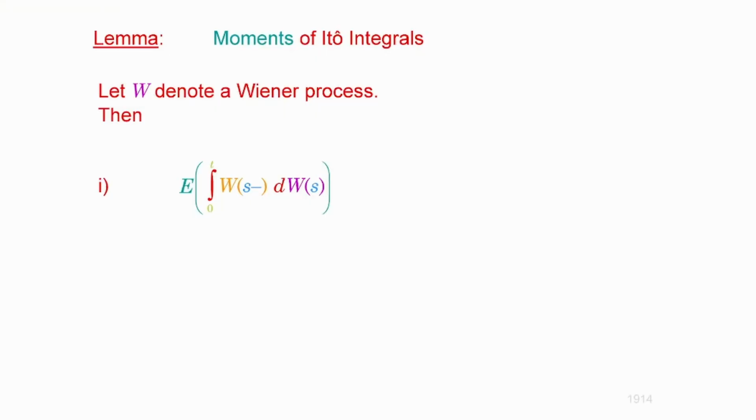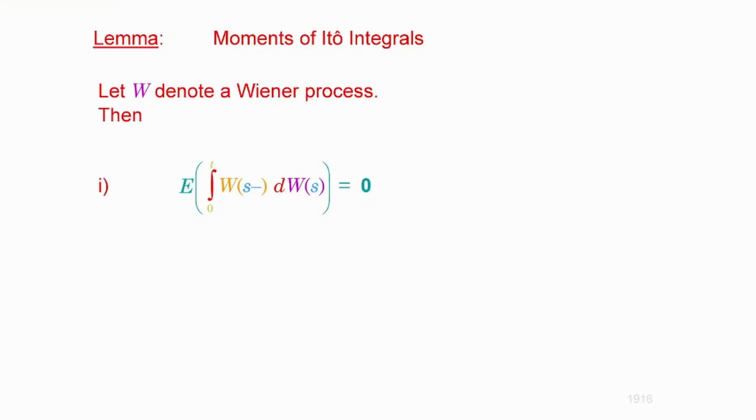What is the expectation of it? The expectation of the Ito integral is 0. That's not difficult to see. The expectation of the square of the Wiener process was the variance, so the variance minus t, which is also t, so that is going to be 0.